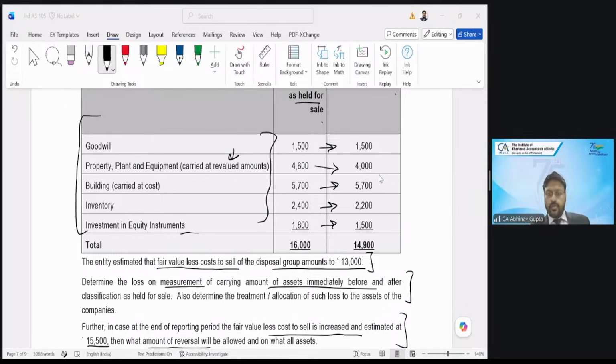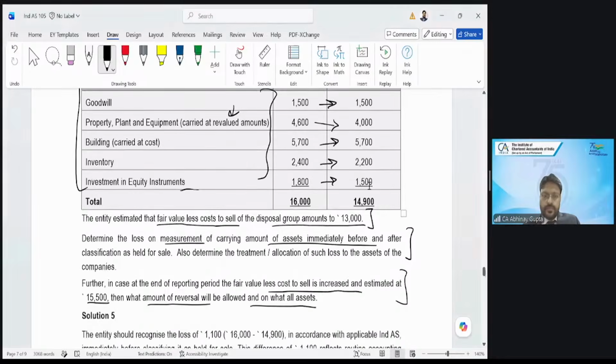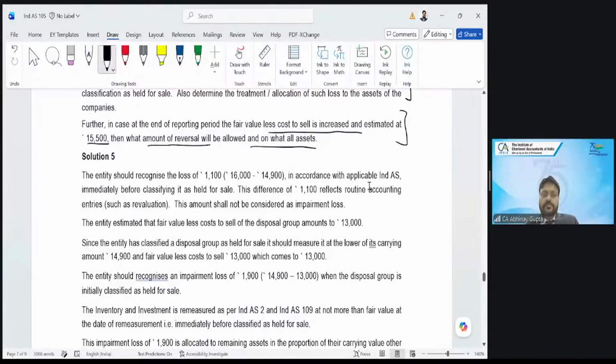Okay. I hope you must have tried this. So let's see what is the solution. So first of all, we will compare the carrying amount, that is the revised carrying amount, with the fair value less cost to sell, and whichever is lower, we will measure the disposal group at that value, right?